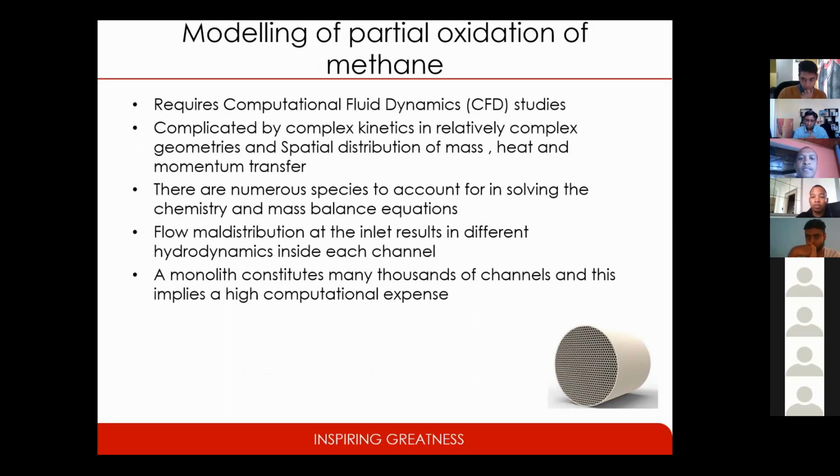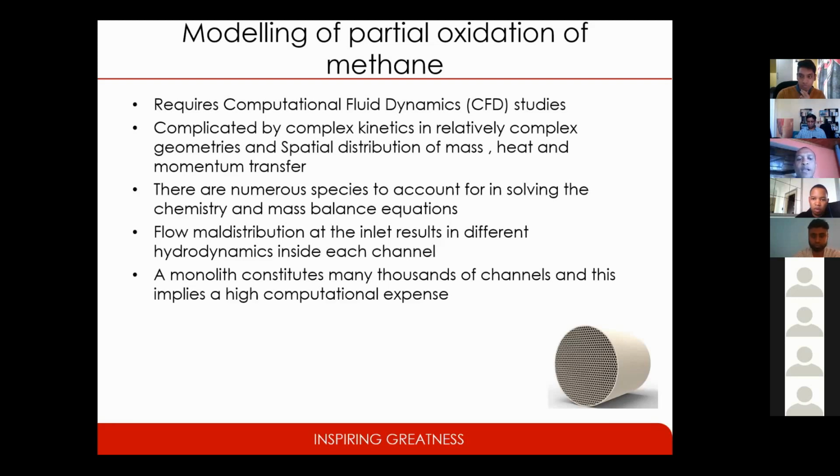And the modeling of these systems is complicated by the complex kinetics in relatively complex geometries. And there is that spatial distribution of heat and mass transfer. Adding to that, there are numerous species to account for in solving the governing equations, as in the mass balance equations.